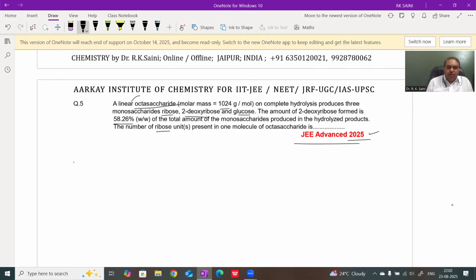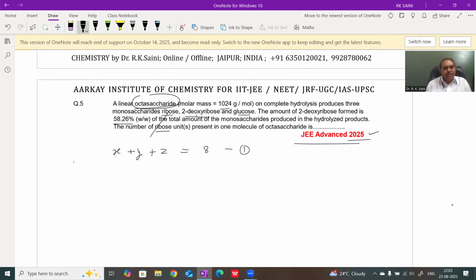First of all, octasaccharide means it consists of 8 molecules of carbohydrate, namely ribose, 2-deoxyribose, and glucose. Therefore, suppose units of ribose is X mole, deoxyribose is Y, and glucose is Z. Therefore, X plus Y plus Z equals 8, equation number 1.